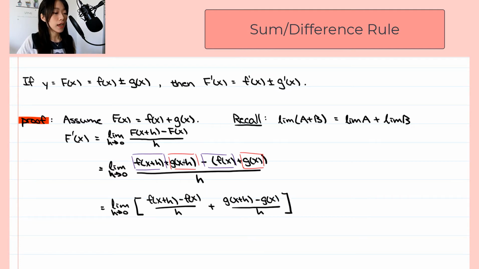And recall that the limit is distributive. So for example, limit of a plus b equals limit of a plus limit of b. So here we can distribute the limit to the first and the second term.